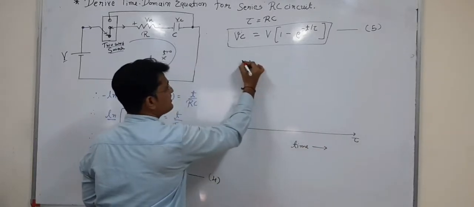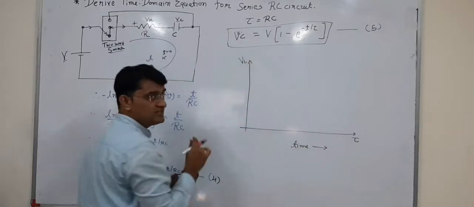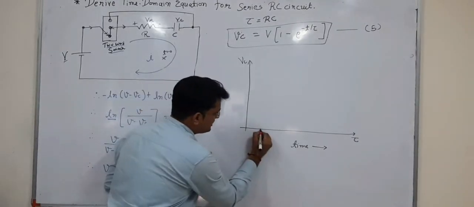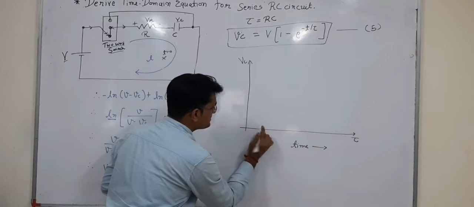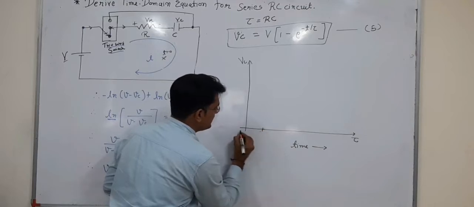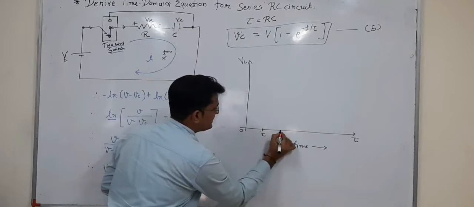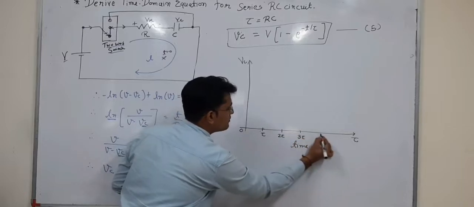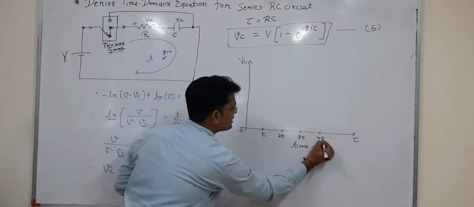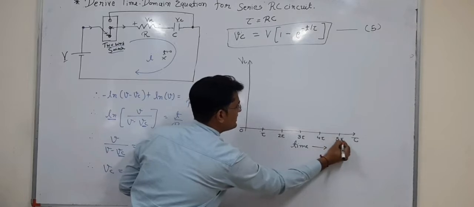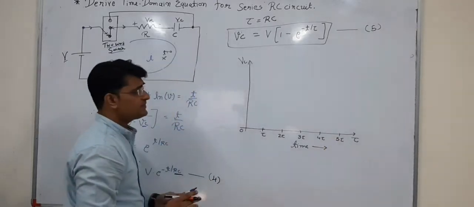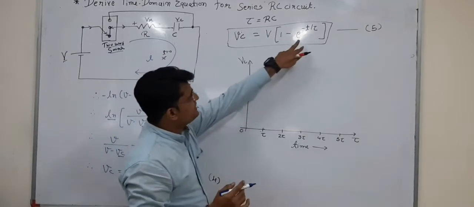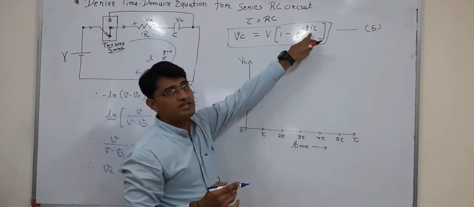And this is the capacitor charging, that means Vc, right? Here I am dividing it into portions. First one as 0, then tau, this is my 2 tau, this is my 3 tau, this is my 4 tau, this is my 5 tau. Okay, now let us put the time t is equals to tau in this equation.